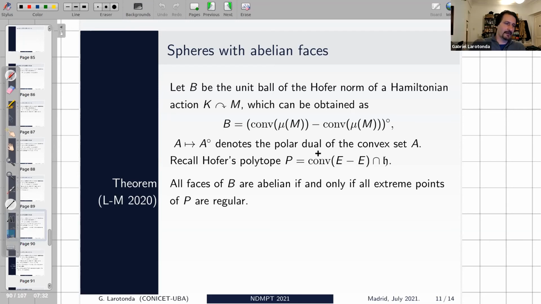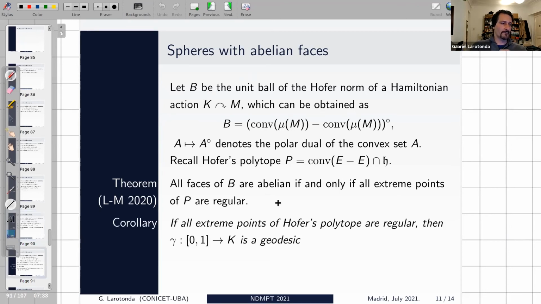So if you have a good knowledge of the Hofer polytope, which is obtained by intersecting the image of the momentum map with the Cartan subalgebra, then you can obtain good information on the faces of the ball.